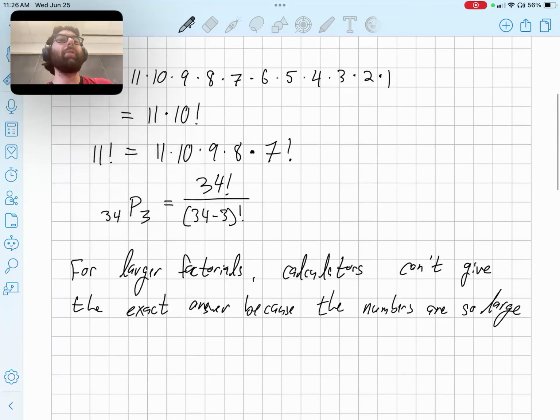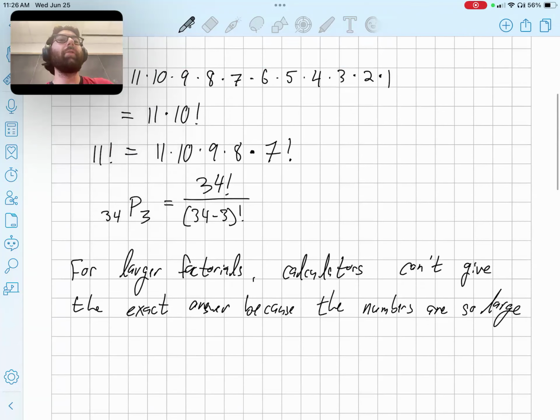Because 34 factorial is 34 times 33 times 32, and then we can cut it off here and stick the 31 factorial right there. Because if we were to continue writing it out, it would be 31 times 30 times 29 times 28, all the way down, times 3 times 2 times 1. And so we divide by 31 factorial.